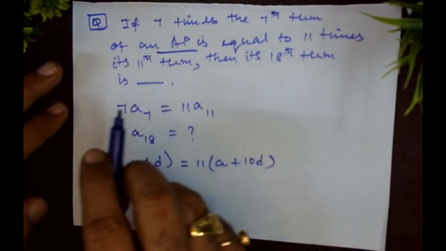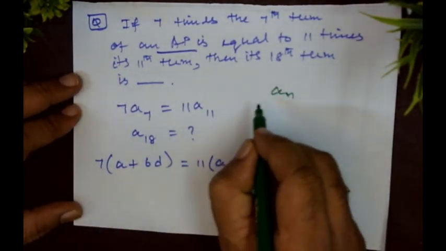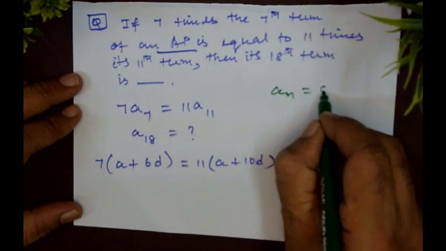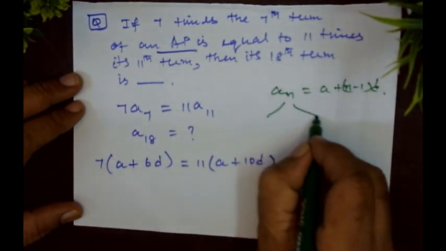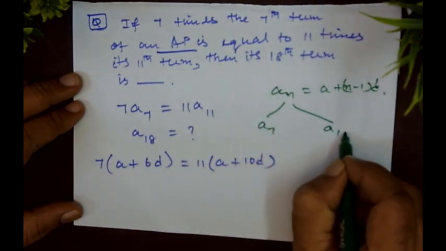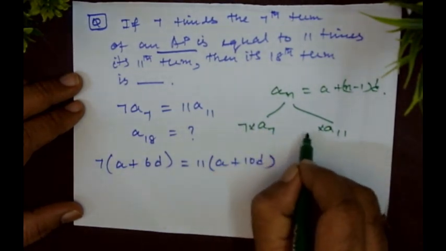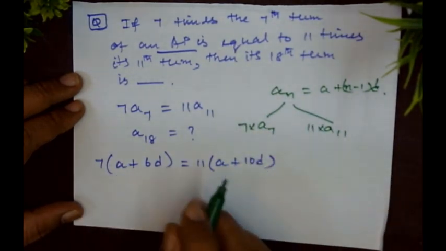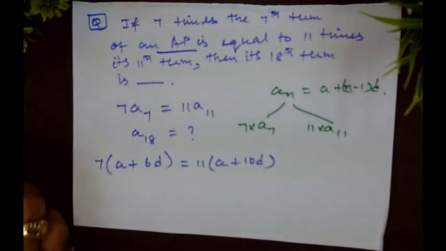What is the formula I applied? The same formula, an is equal to a plus n minus 1 into d. So I split this into two, one is A7, another is A11, and multiply by 7 and here multiply by 11. So this is what I have done and made this equal. Okay.